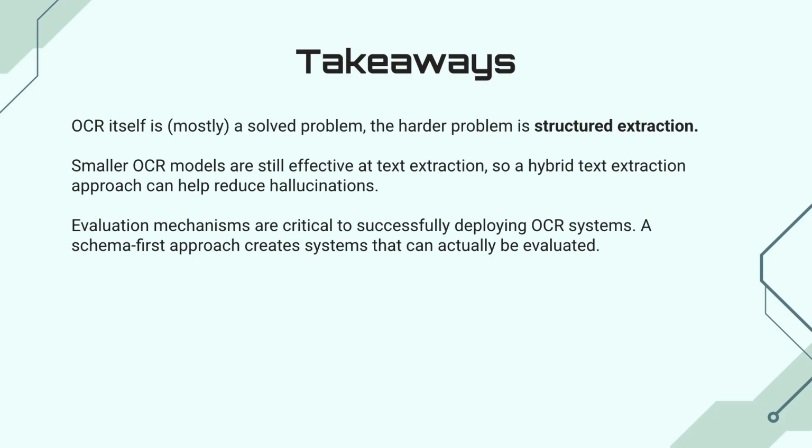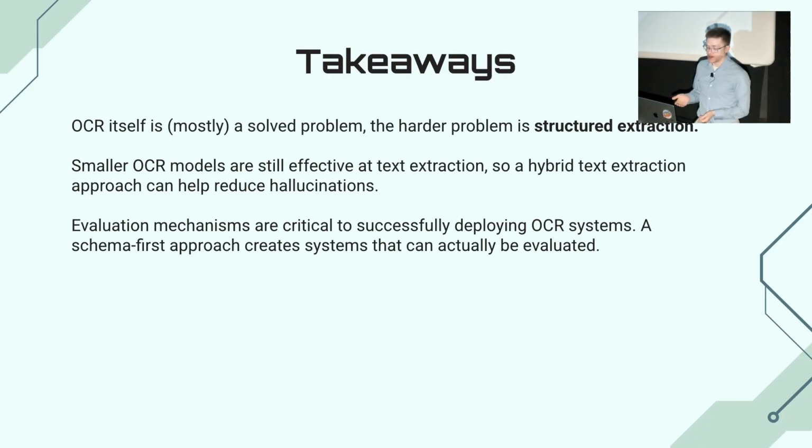The harder problem is structured extraction. Getting structure out of unstructured data is the fundamental issue here, and that requires defining schemas and making sure that your evaluation mechanisms drive you to the outcomes you want.